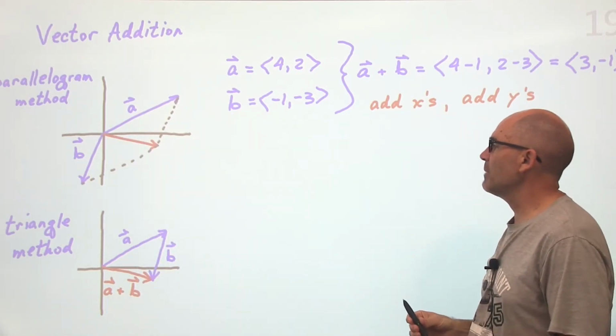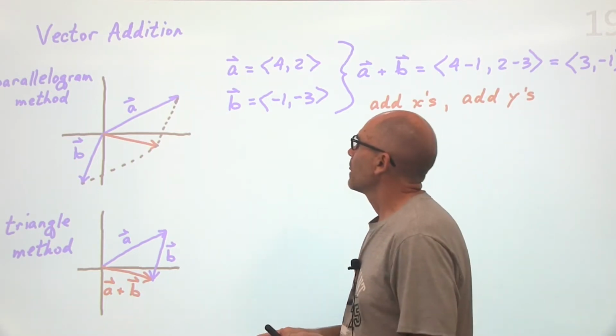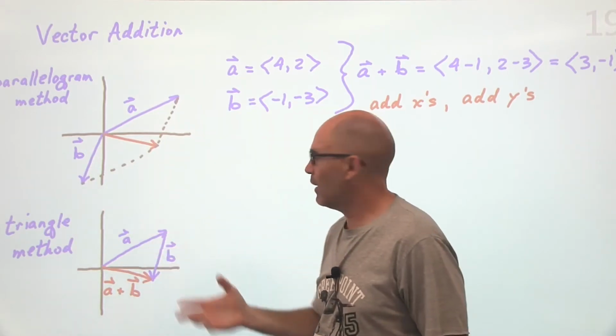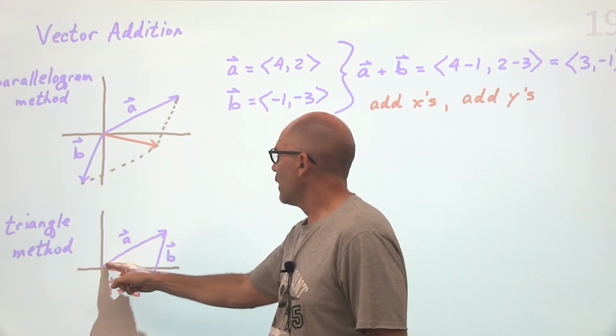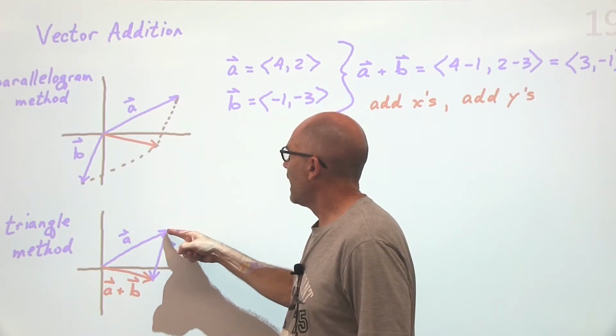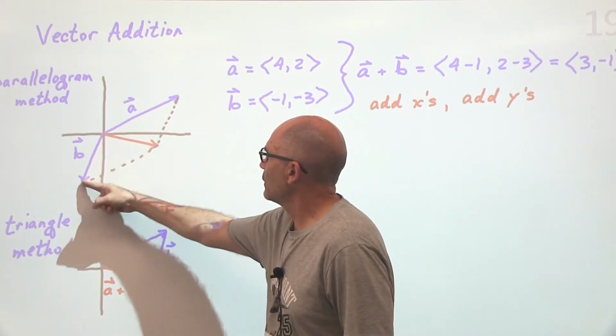Now, I could do the same thing with what we call a triangle method. Remember, I don't have to have the vectors starting at the origin like they're doing here. I could have vector A start at the origin and then vector B start from the head of A. So notice vector A and B both start here.